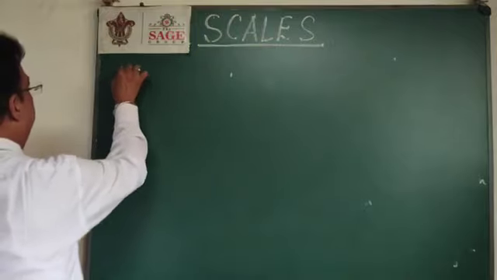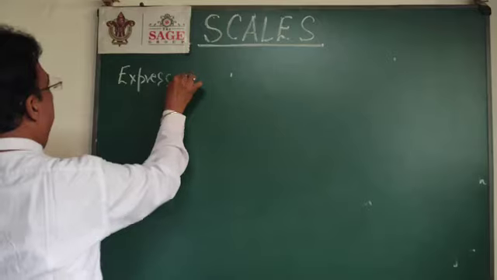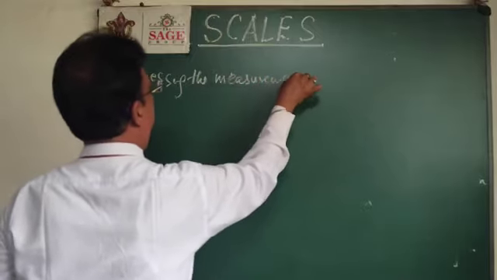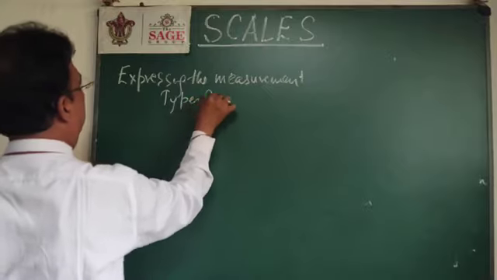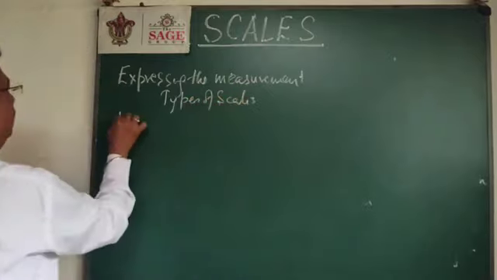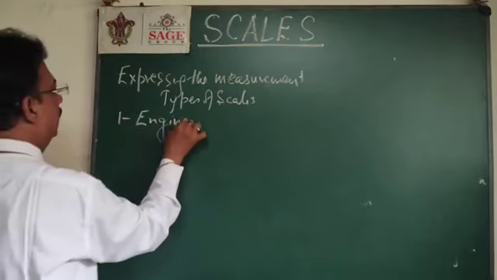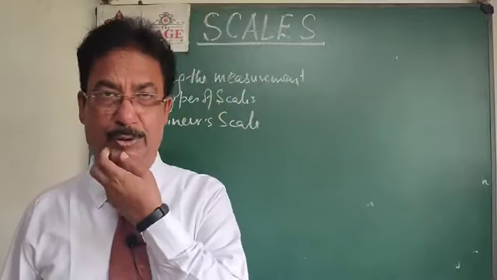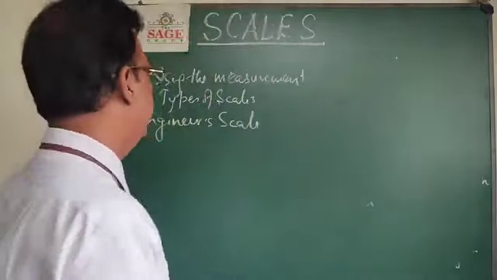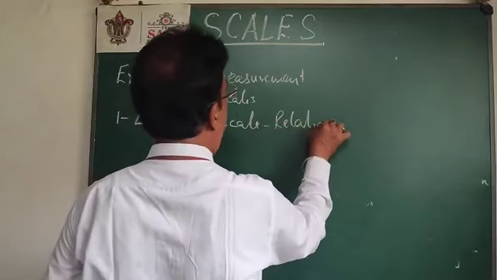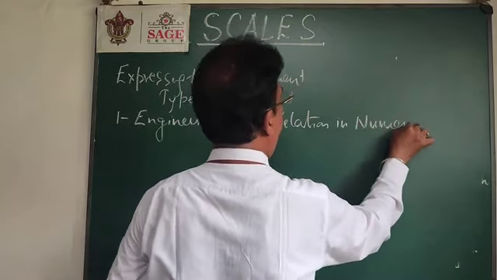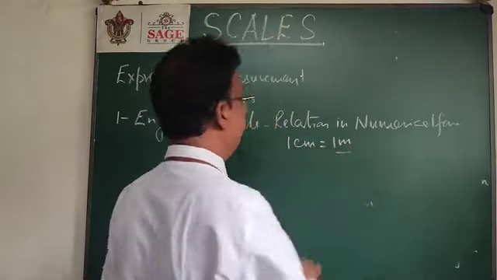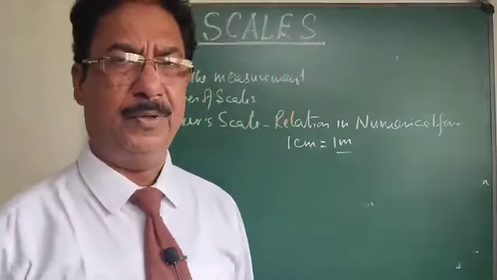As we already discussed, suppose I say 1 centimeter equals 1 meter, it means 1 meter is the actual length and we are representing it by 1 centimeter length.